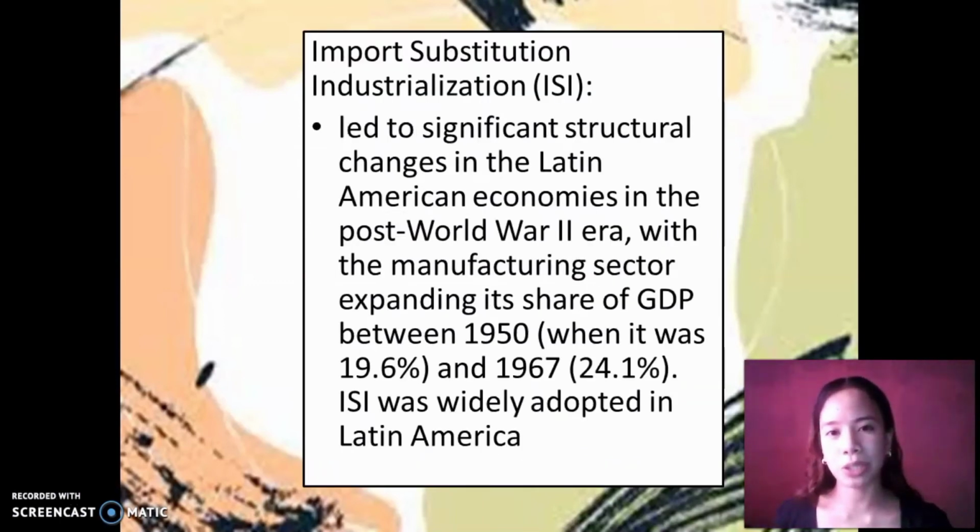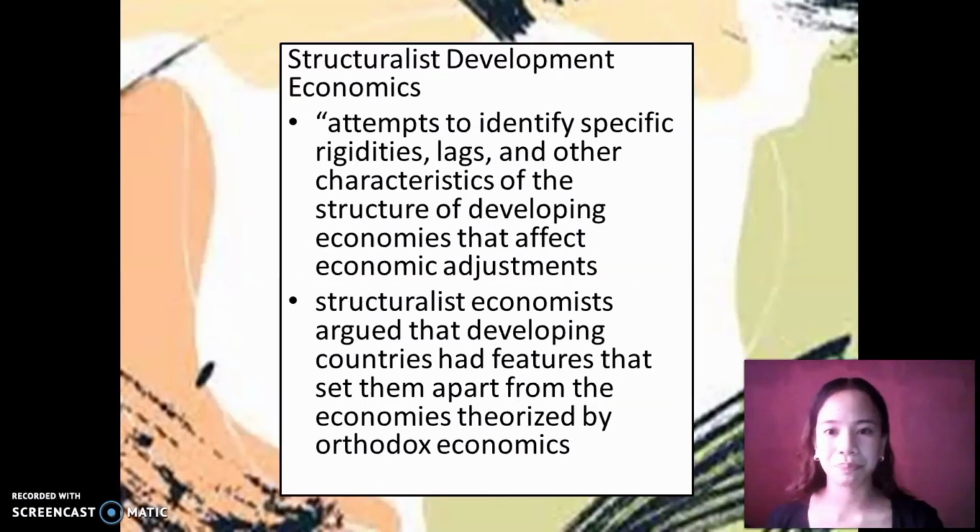So import substitution industrialization, or the ISI, led to significant structural changes in the Latin American economies in the post-World War II era. From the GDP of 19.6% in 1967, it became 24.1%. So ISI was widely adopted in Latin America.